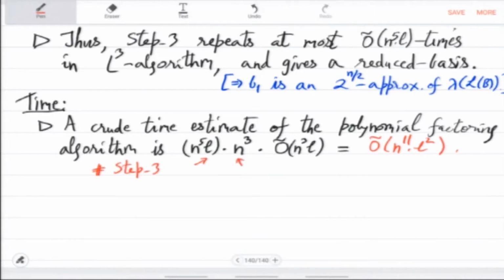This n cube is step 2, and this is the bit size of integers. Okay, so that's the time complexity of integral polynomial factoring.